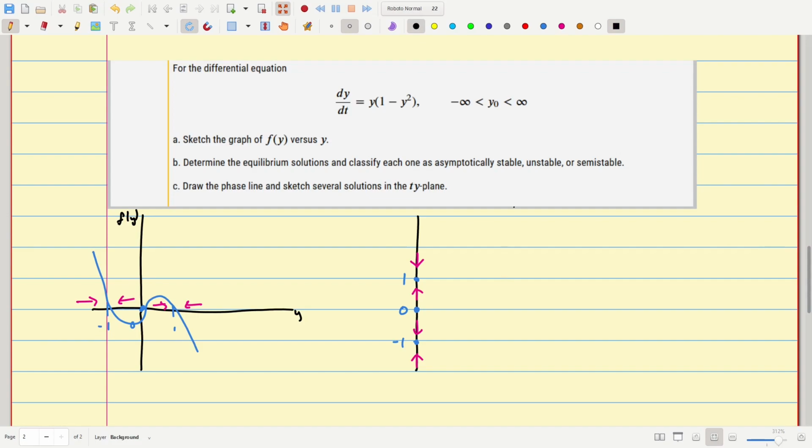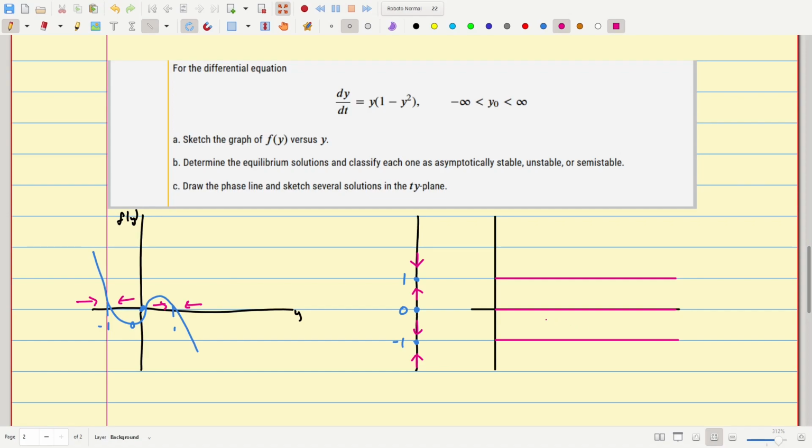We can now make our plot. Put in our equilibrium solutions, and plot our lines here.